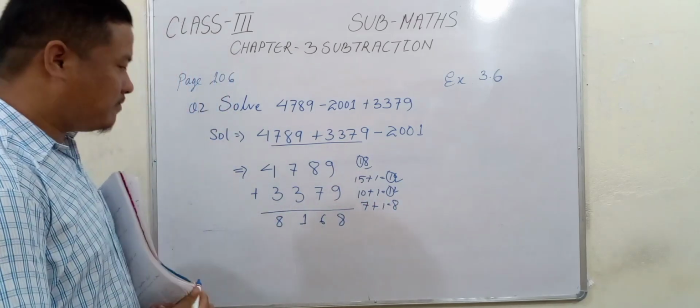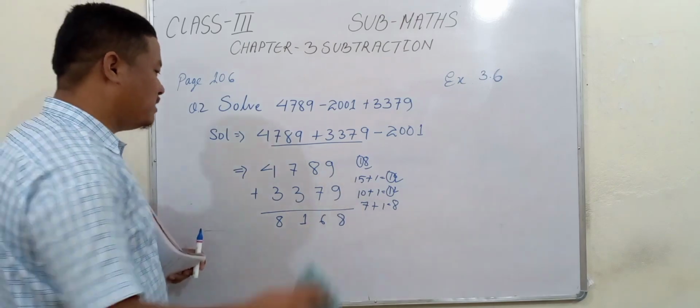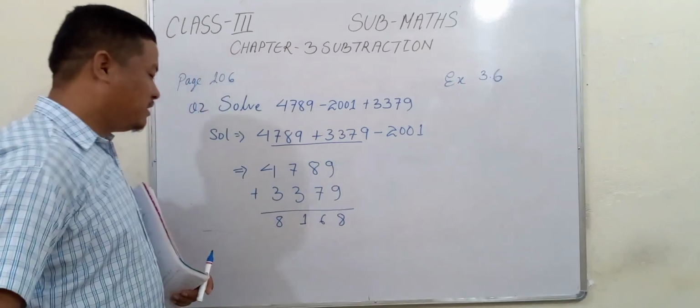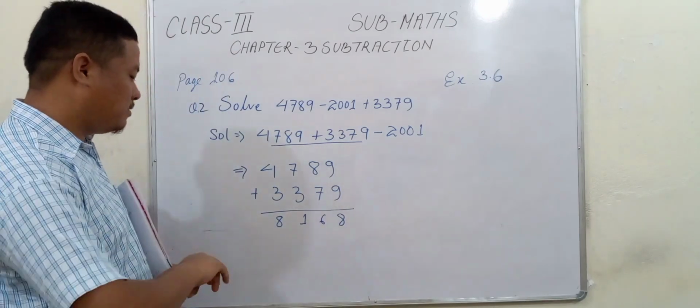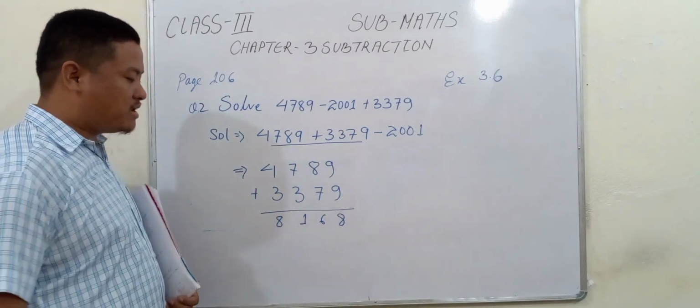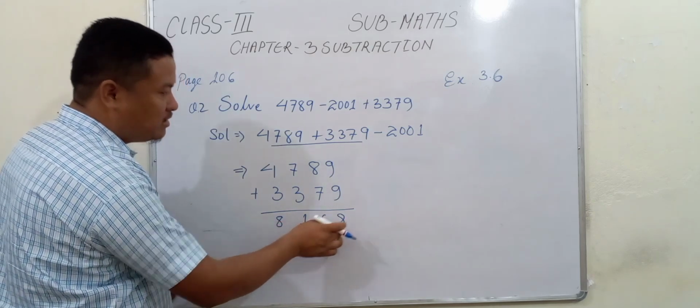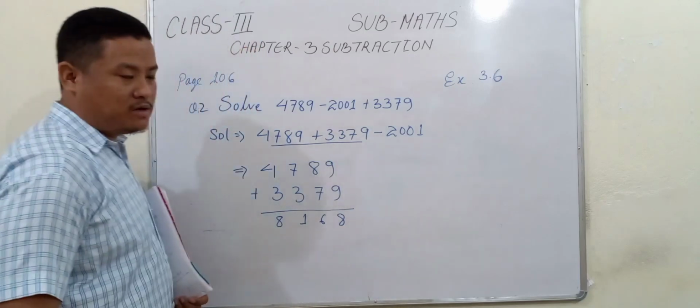So now we have the sum of these two numbers, 4,789 and 3,379. We have sum 8,168. Now from 8,168 we'll subtract 2,001.